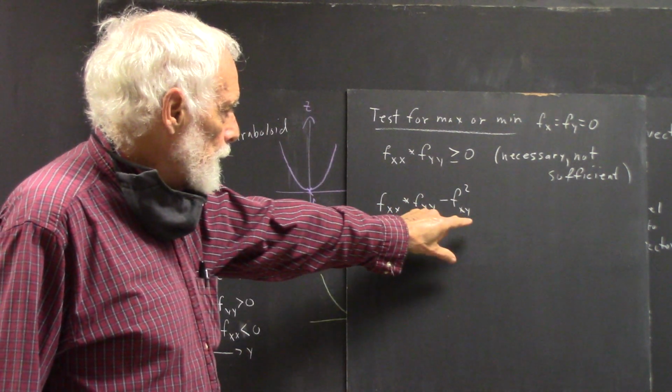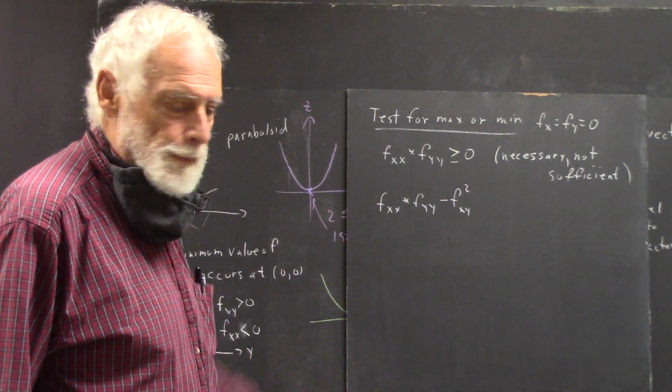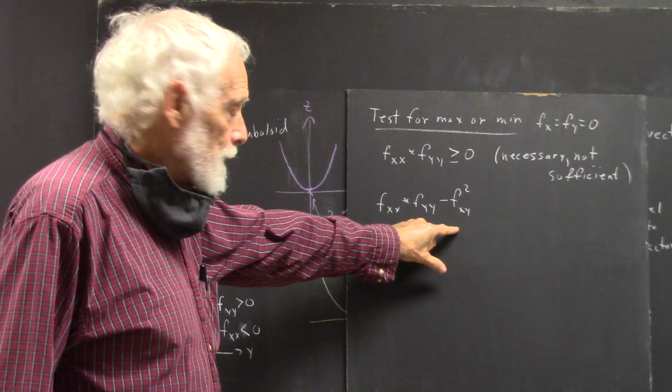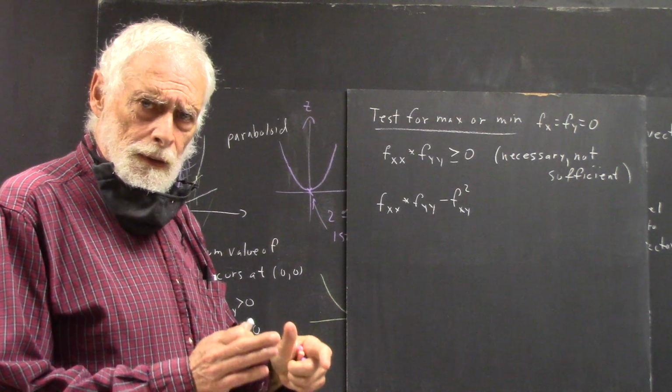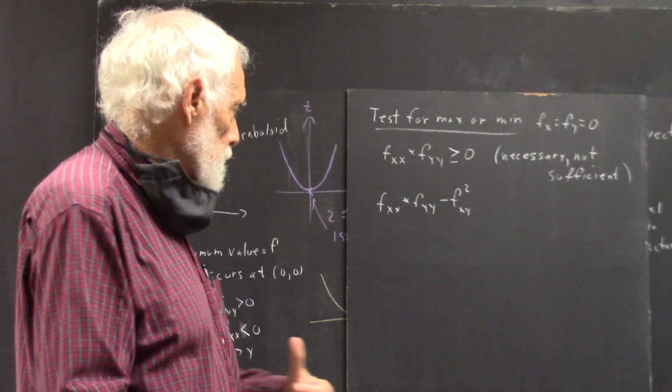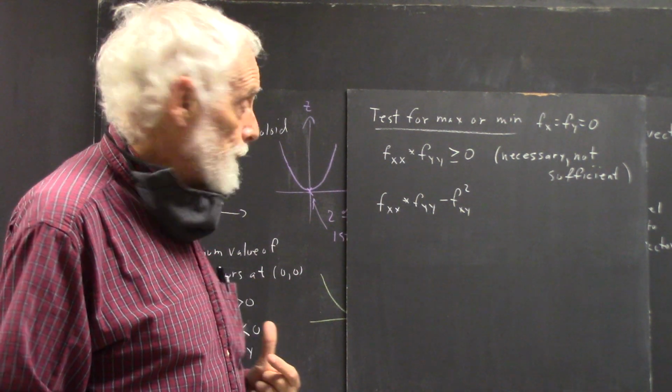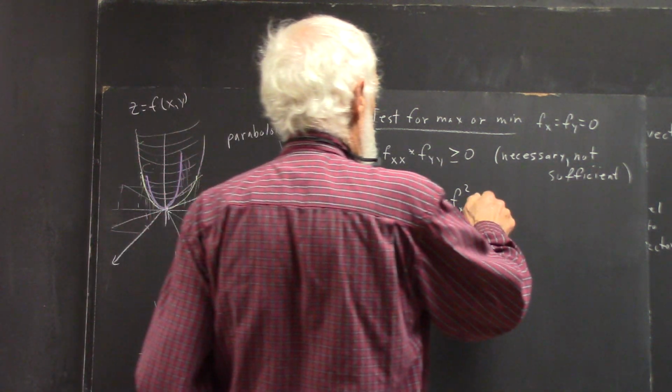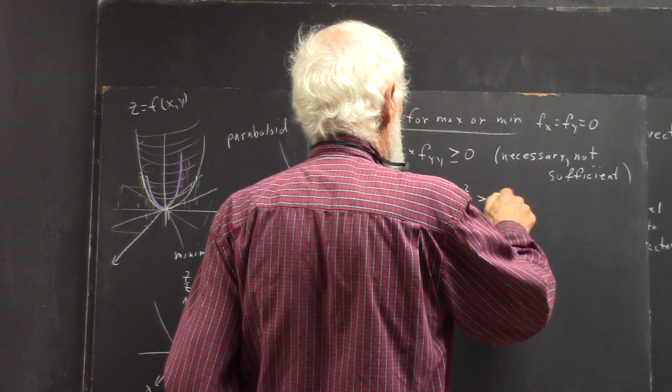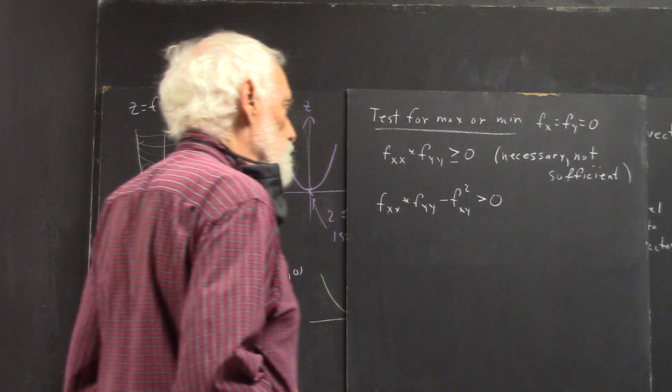In order to ensure the test, you have to have this condition, which talks about what happens if you go in this direction or this direction. And this whole thing has to be greater than 0.